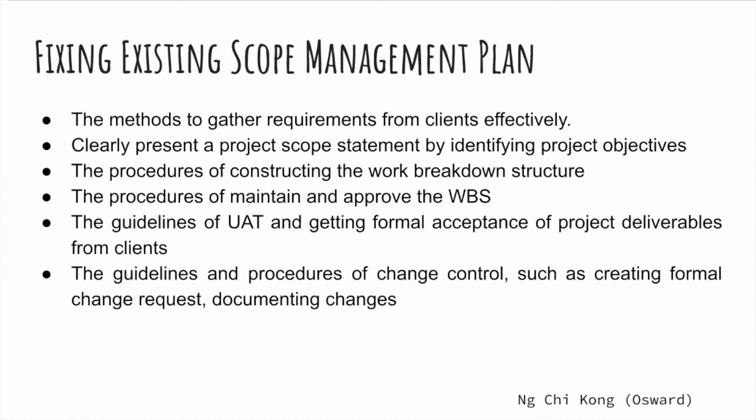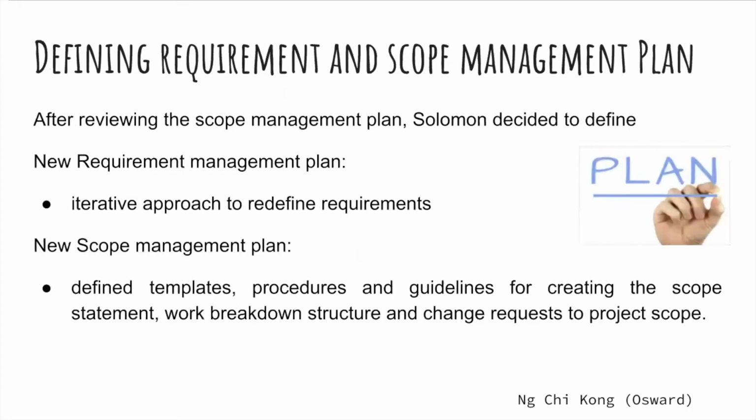He decided to include the following listed processes in the scope management plan. After reviewing the scope management plan, Solomon decided to define a new requirement management plan as part of the scope management plan. Solomon adopted an iterative approach to redefine requirements. Moreover, each requirement was elicited by providing a prototype and recorded clearly.